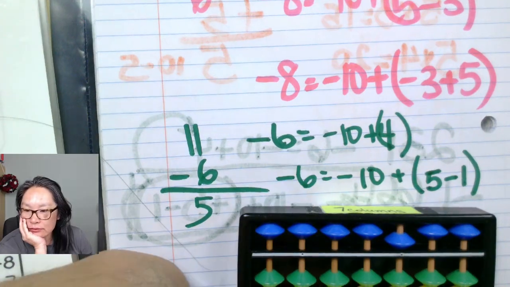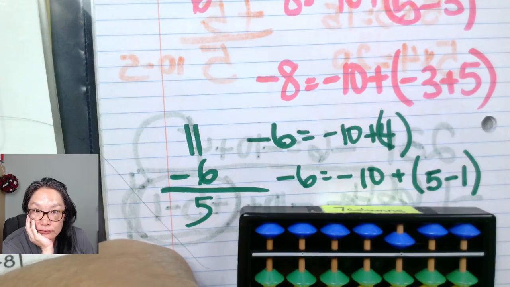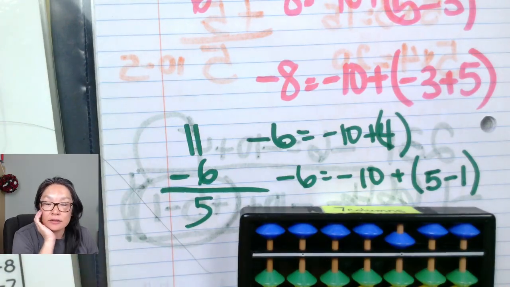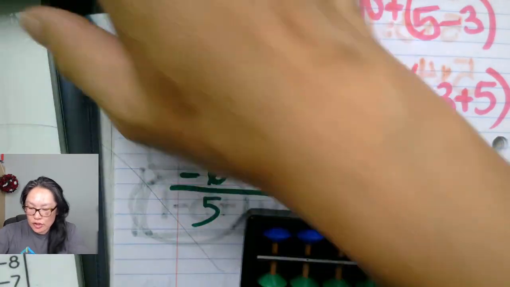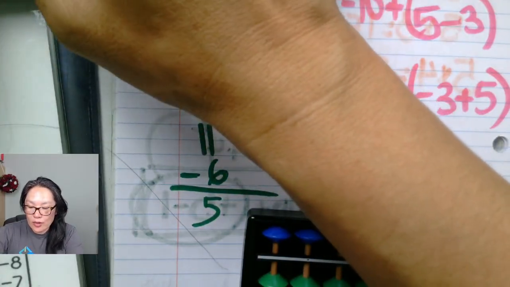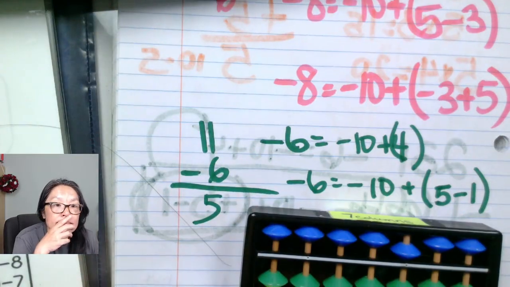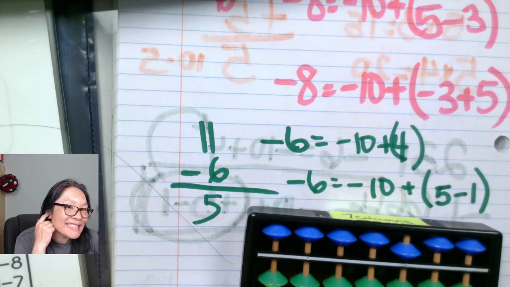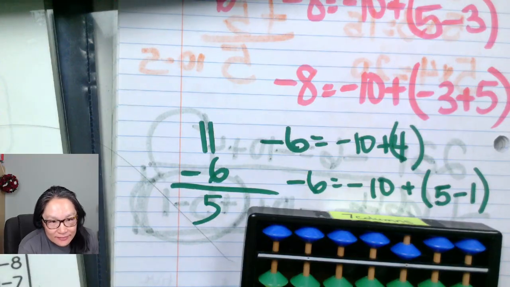Maybe I should ask chat, what is associative property? I don't think I'm doing it right.